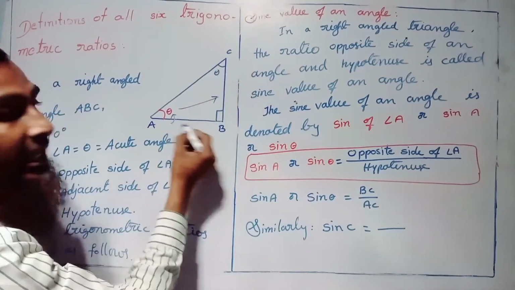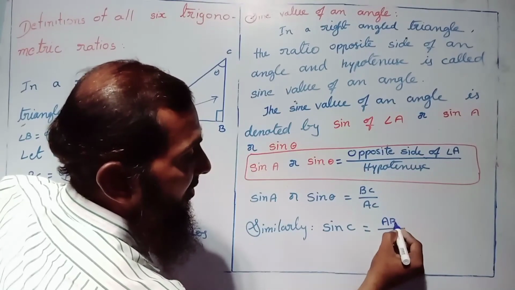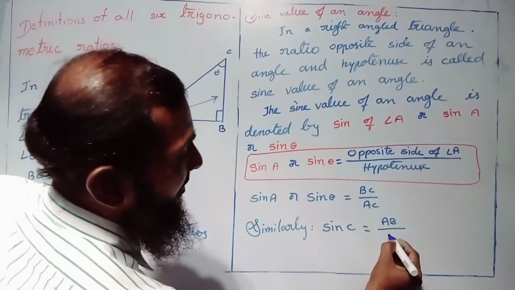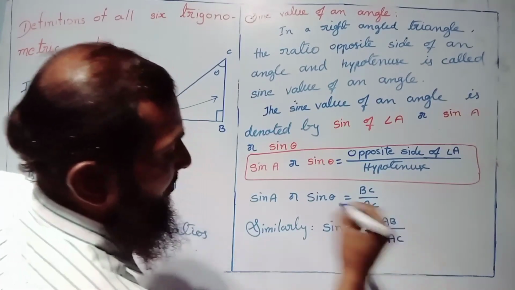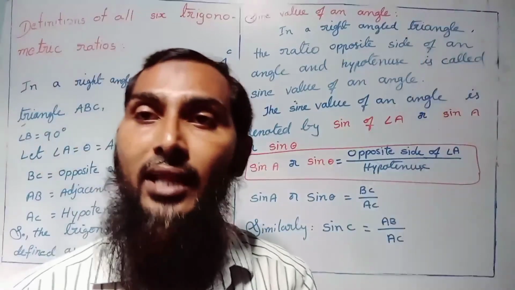It is AB. AB is the opposite side. So you should write AB as the opposite side, and hypotenuse is always the hypotenuse, so you should take AC. So this is the definition of the sine value of an angle.